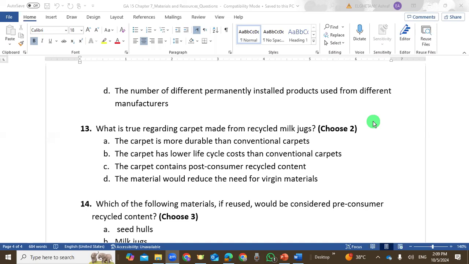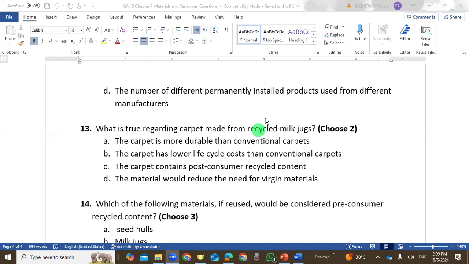Are you there? Okay, let's have Ryan's answer, C, in the chat box. What about all the team? What is true regarding a carpet made from recycled milk jugs?